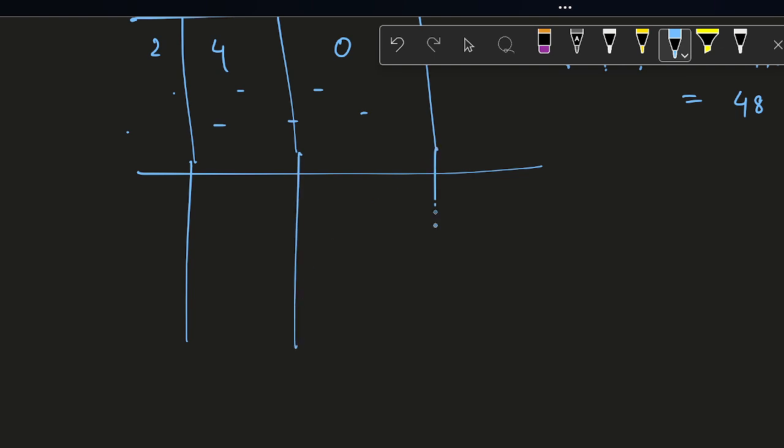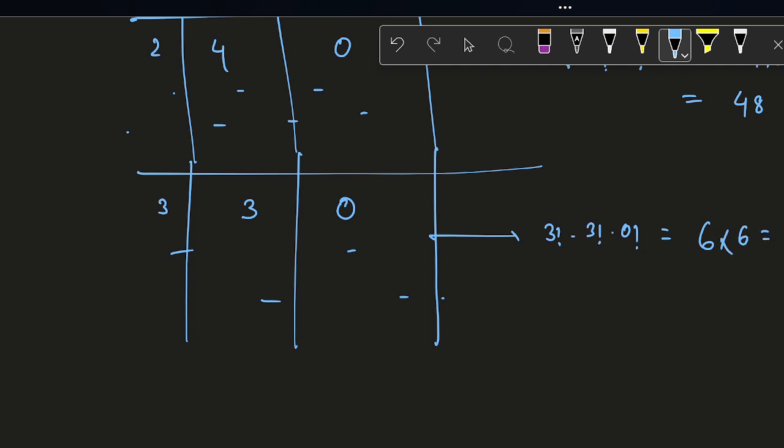Some other combinations are also left to make it total 6. That is, you have to take 3 and 3 and 0. So again, further possible combinations of that, but this becomes 3 factorial into 3 factorial into 0 factorial. It is just 3 factorial is 6, into 6, it is 36.